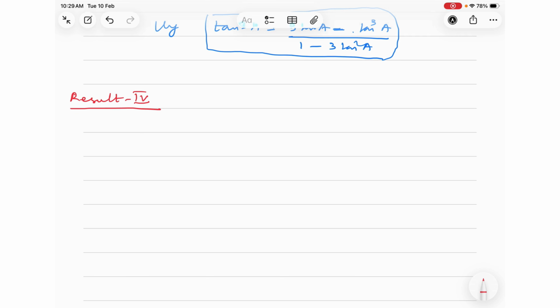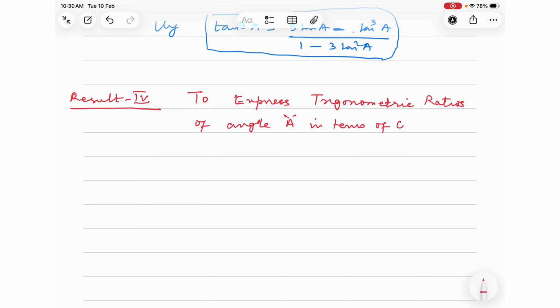Result 4 is to express trigonometric ratios of angle A in terms of cos 2A.